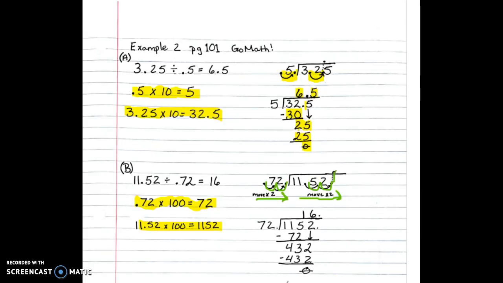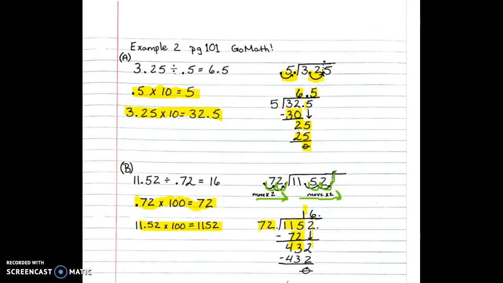What does that look like when we're dividing? So 72 cannot go into 1. It cannot go into 11. So we have to do 115. So 72 goes into 115 one time. 1 times 72 is 72. Subtract that, you get 43.